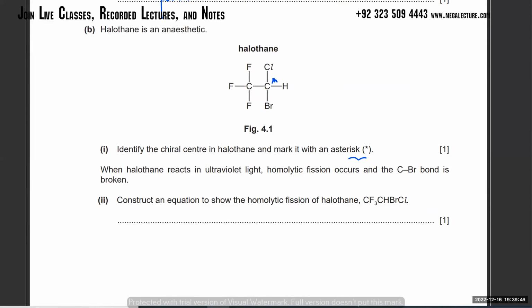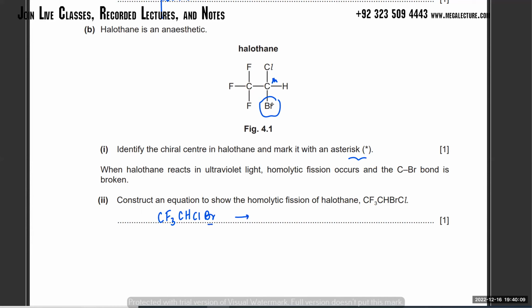When halothane reacts with ultraviolet light, homolytic fission occurs and the C-Br bond is broken. Construct an equation to show this. So the C-Br bond gets broken. So you have CF3, then CH, Cl, and Br, right?